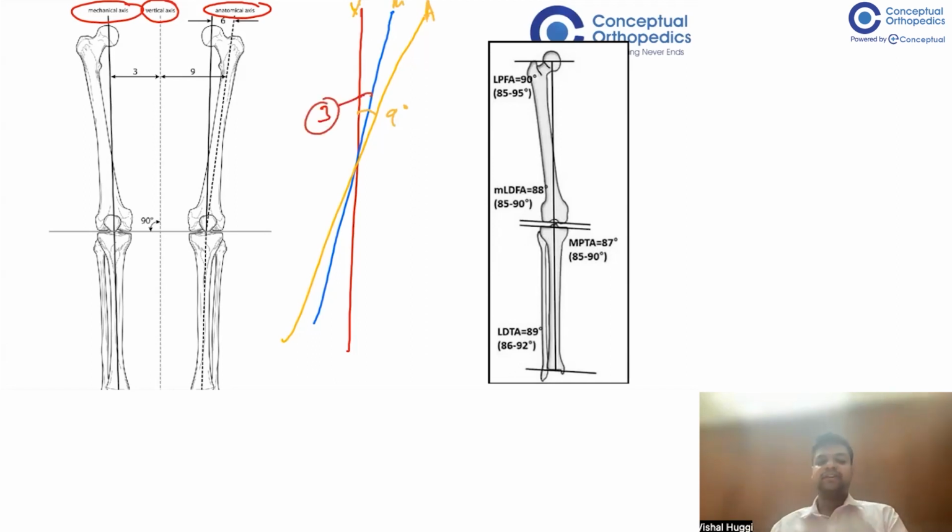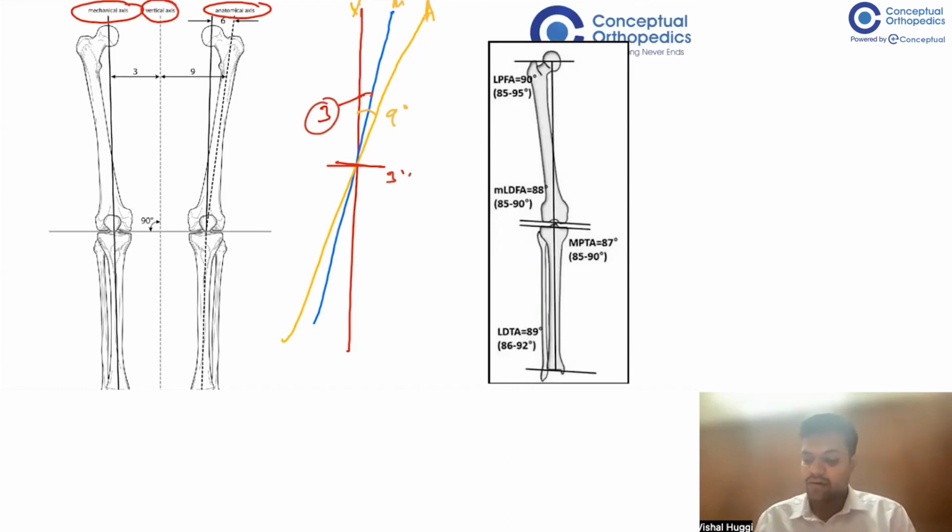This is very important. You have to remember this point, and the joint is about 3-degree varus. This is one way of drawing the alignment or the axis around the knee.